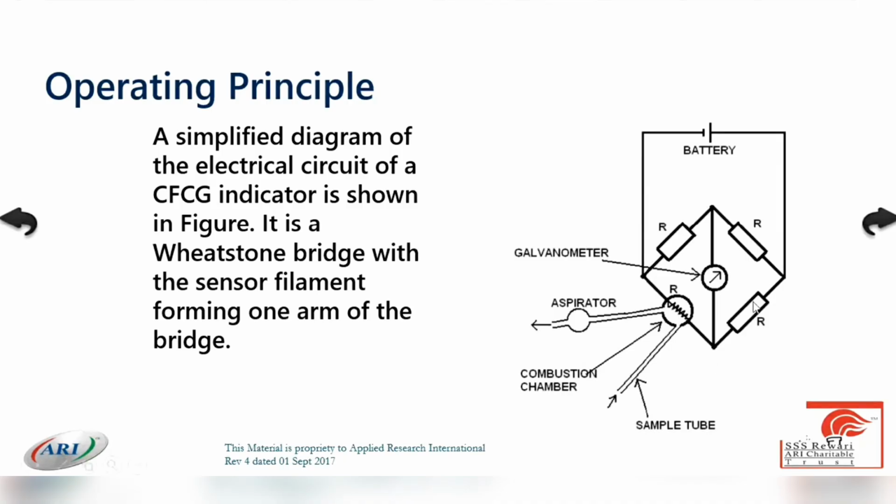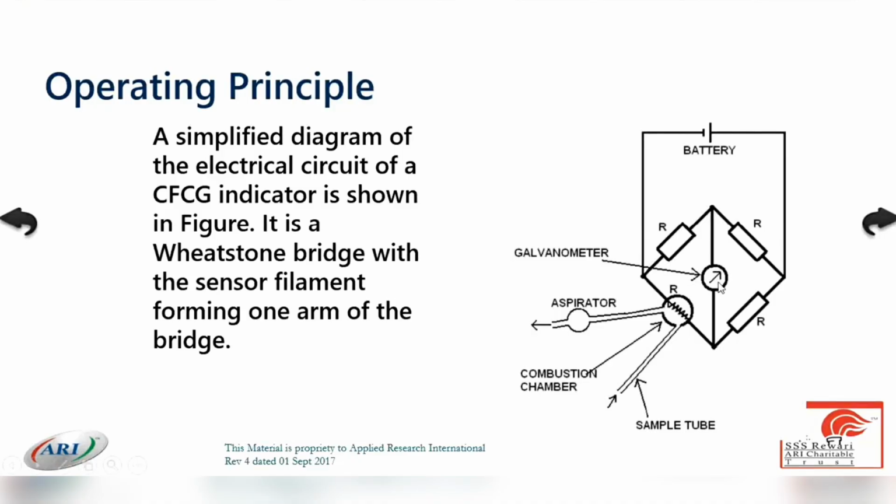Due to the increase of the resistance value, it becomes imbalanced because all four resistances are not the same again. So when the resistance values are not the same, it becomes an imbalanced circuit. When it becomes imbalanced, current will start flowing in the circuit as there is a difference of resistance. As the current always flows from higher resistance to lower resistance, current will start flowing.